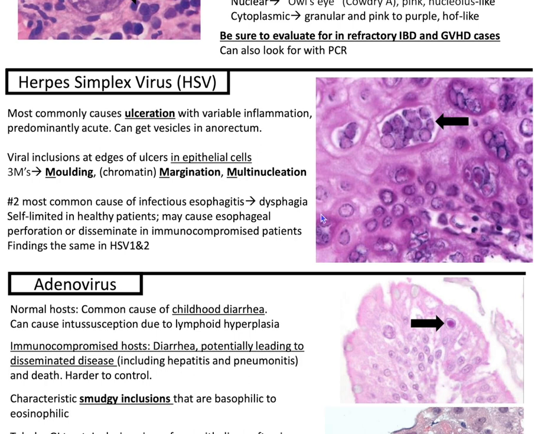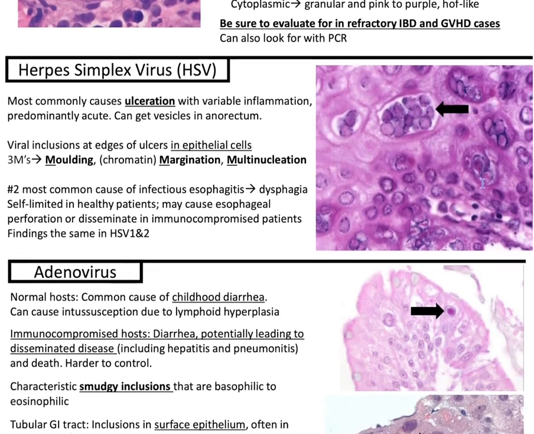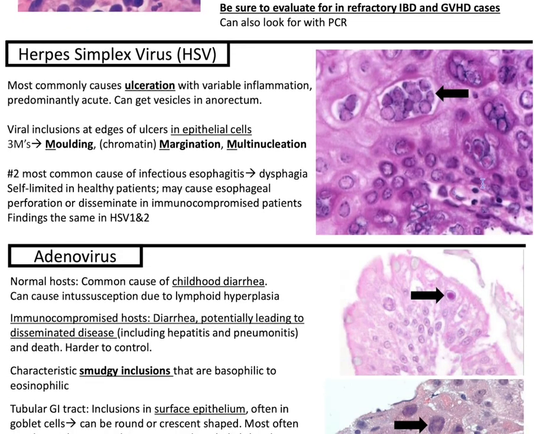And these are at the edge of ulcers in the epithelial cells, in contrast to CMV, which is generally in the mesenchymal cells. It's the number 2 most common cause of infectious esophagitis. It leads to dysphagia. It's self-limited in healthy patients, but it may cause esophageal perforation or dissemination in immunocompromised patients. The findings are the same in HSV type 1 and type 2.